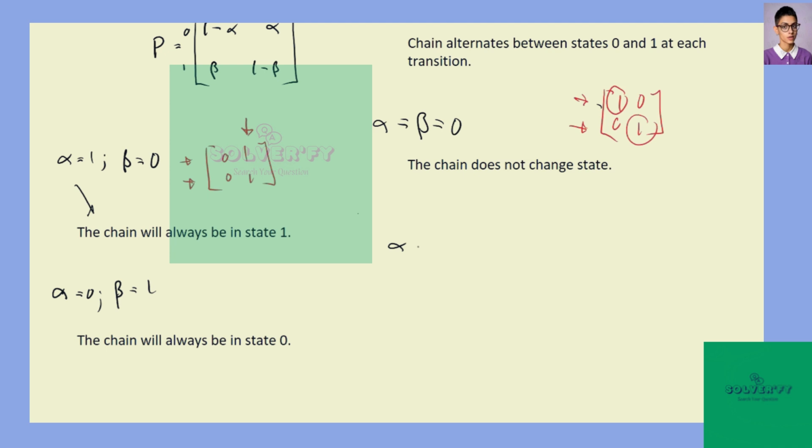Now if we consider alpha is equal to 0 and beta is somewhere between 0 and 1, we have a one-step transition matrix that looks like this.